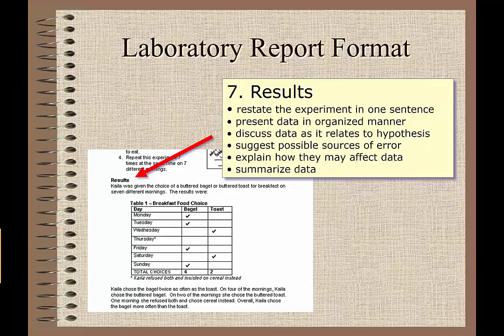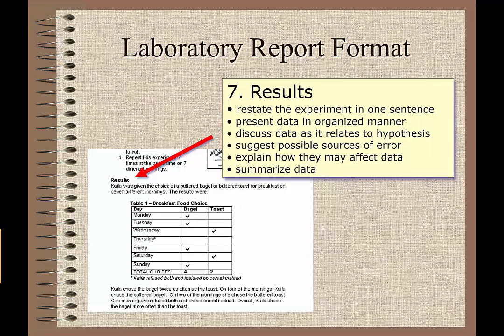Once you've organized your data, the next part of the results is to discuss how the data or the patterns in the data support your hypothesis or disprove your hypothesis. So you summarize the data, and then you explain why it works or doesn't work.